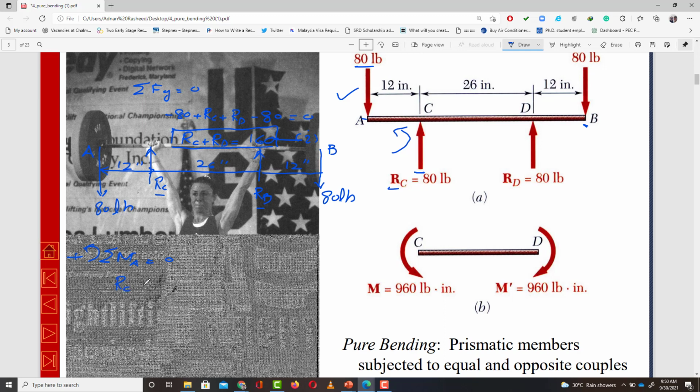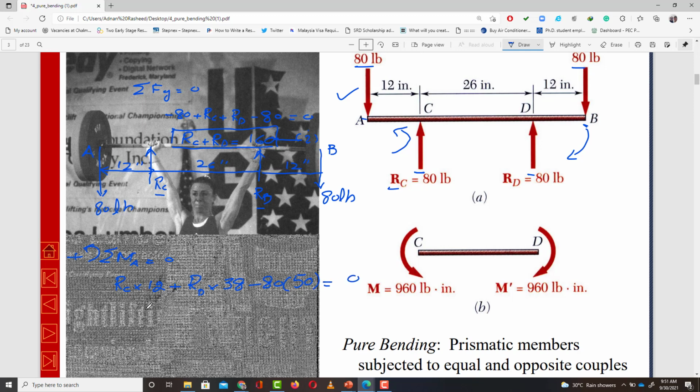So RC into 12 inch. The second force is RD. It is also producing counterclockwise moment, RD into the perpendicular distance, 12 plus 26, that is 38. And this force, 80, into its perpendicular distance is producing a clockwise rotation. So minus 80 into the perpendicular distance.